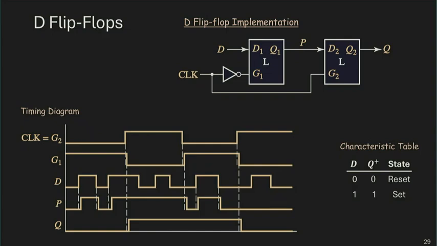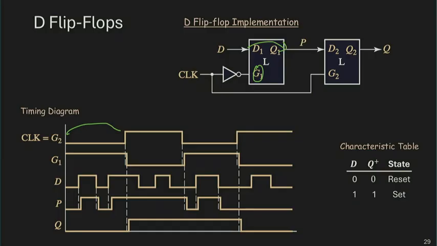When clock is 0, G1, the clock received by the first latch, is a 1. First latch will be transparent. So within this period of time, when G1 is 1, D will go to P. Data will flow from the data inputs to that middle place.